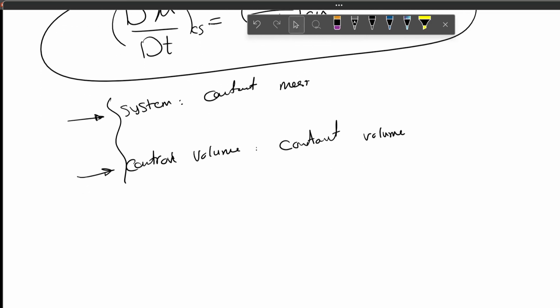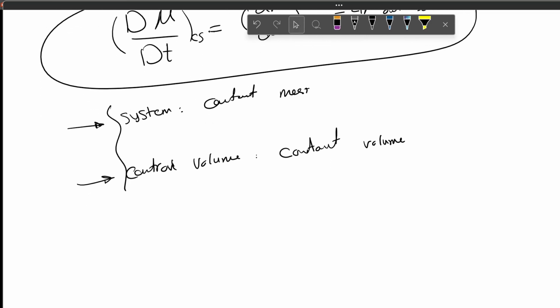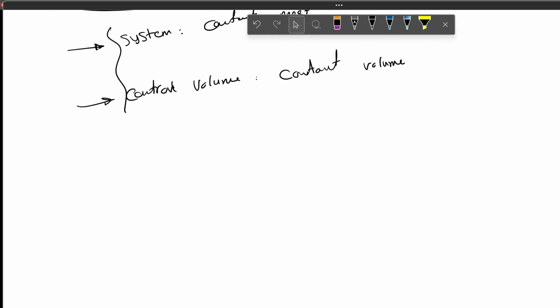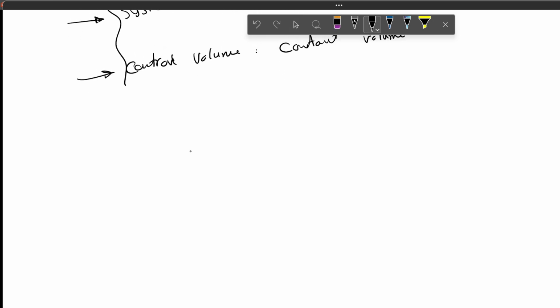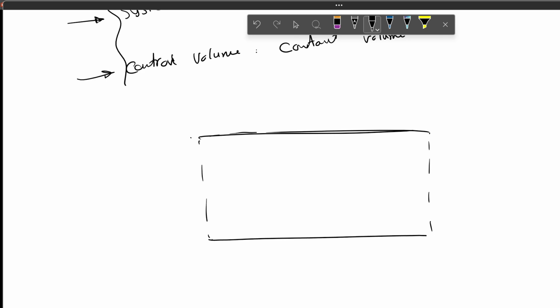Okay, so based on this, let's see what this principle, Reynolds transport theorem, tells us. Let's go back to that duct. There's one inlet and one outlet.